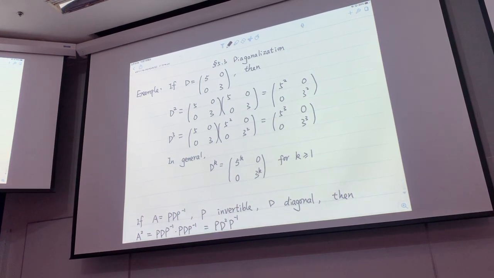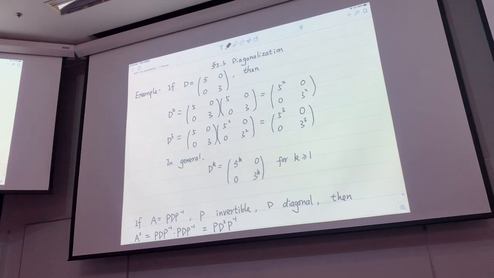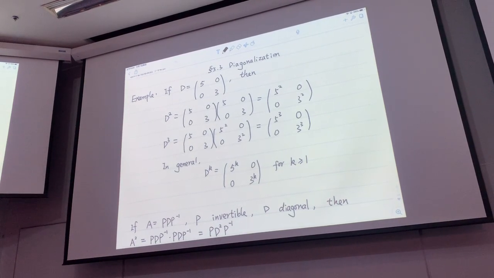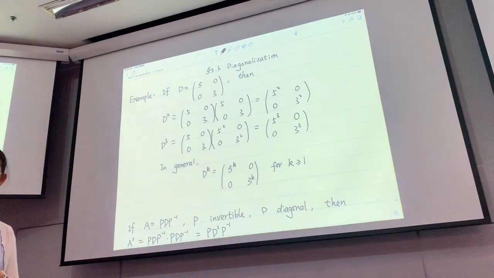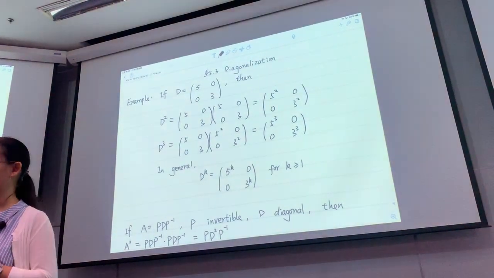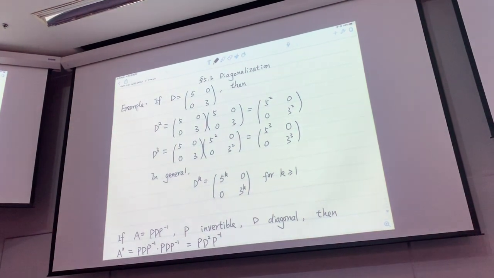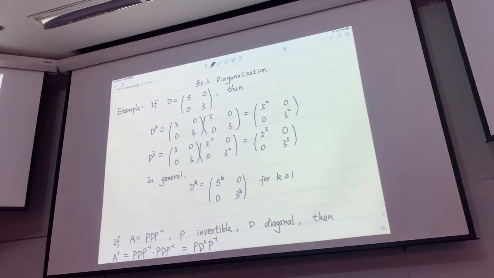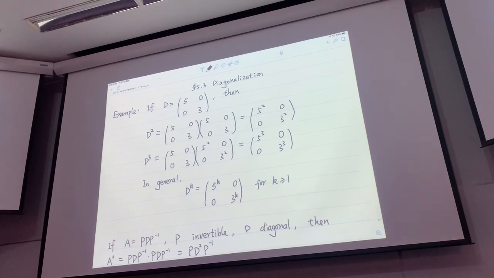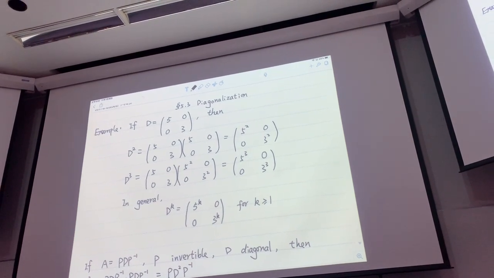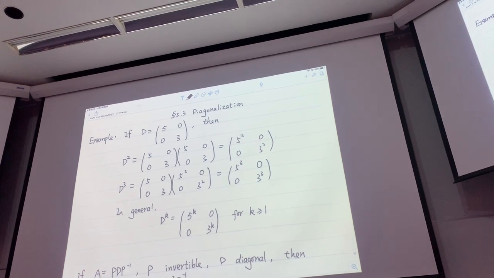In the last lecture, we also discussed a special definition, the similarity. We say two matrices are similar to each other if A equals P inverse B P. Remember this formula?